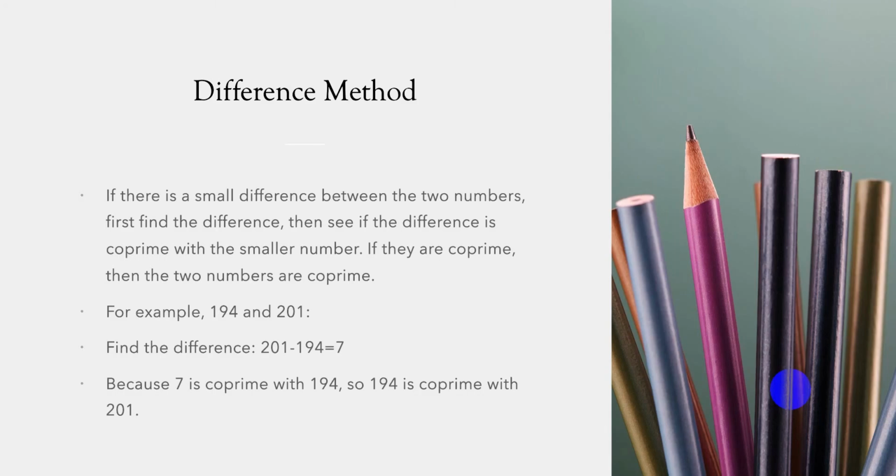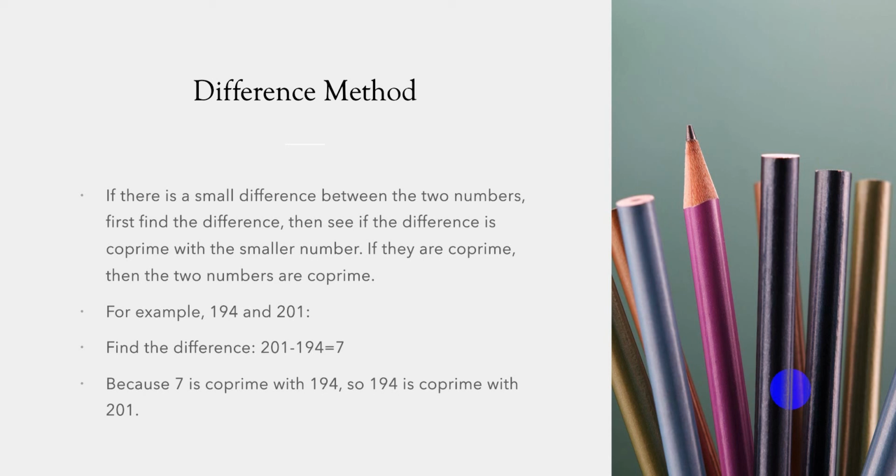The next method is the difference method. If there's a small difference between the two numbers, we can first find the difference, and then see if the difference is coprime with the smaller number. If they are coprime, then the two numbers are coprime. For example, 194 and 201 are not that far apart because their difference is only 7.